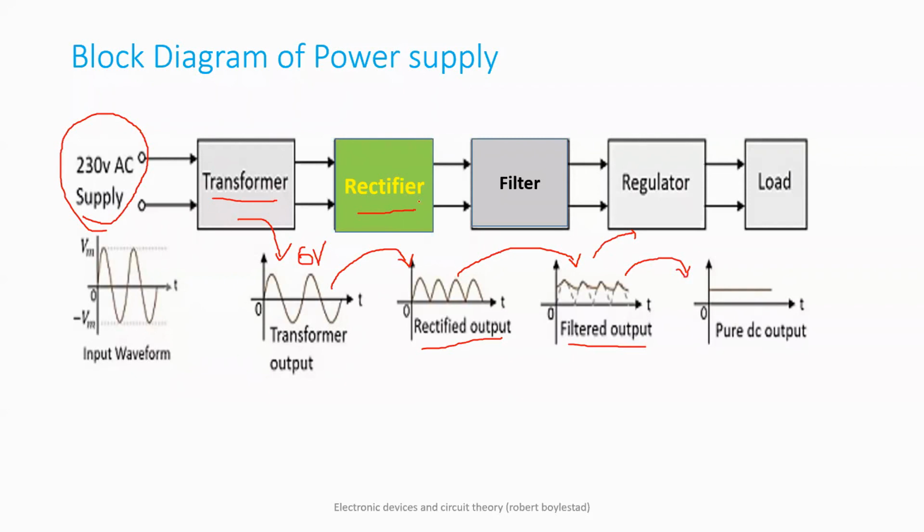So in this particular course, we are going to discuss the rectifier and the filter. The transformer we know is a step down transformer, so we are not going to discuss much about the transformer in this course, but the main focus will be on the rectifier and the filter. So in the coming classes, we are going to discuss the rectifier.